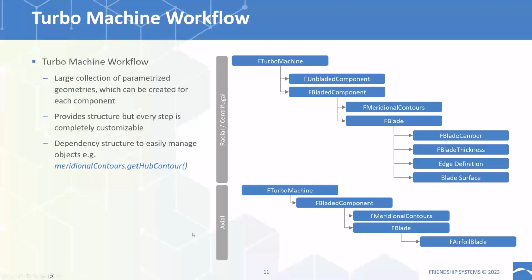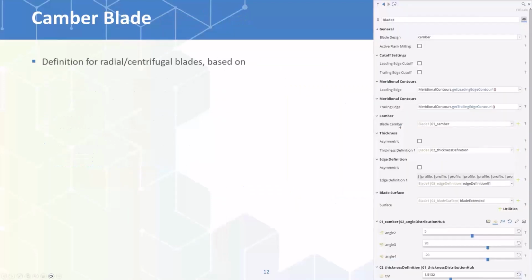So to make this maybe more understandable, I would like to zoom in on part of this component structure. So let's take a look at what is happening here in this bladed component, specifically in the modeling of a blade. So what we're looking at here is a so-called camber blade or camber-based blade.